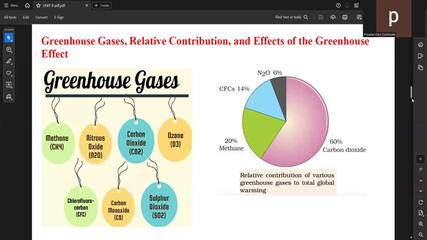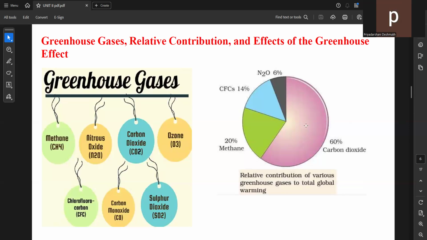Now, these are some examples of the greenhouse gases, the gases which cause the greenhouse effect or global warming. They are mainly methane, N2O, carbon dioxide, carbon monoxide, ozone, water vapor, that is H2O, and chlorofluorocarbons, that is CFCs, and again the SOx.